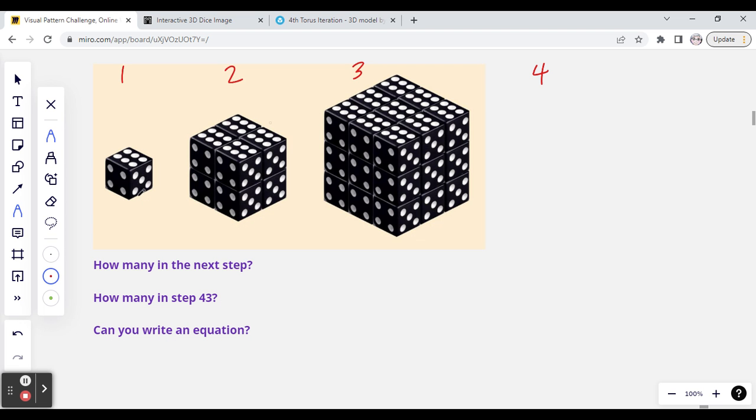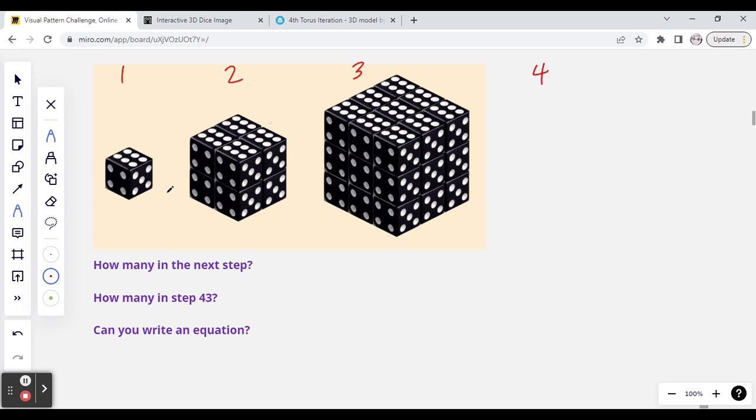What I notice is that in step 1 we have 1 die. In step 2 we have 8 dice here. So it looks like the number of dice is the step number cubed. That is not what we're looking for, though. We can't just cube 4 to get the sum of the numbers. When we cube the number of dice, we actually square the number of numbers.